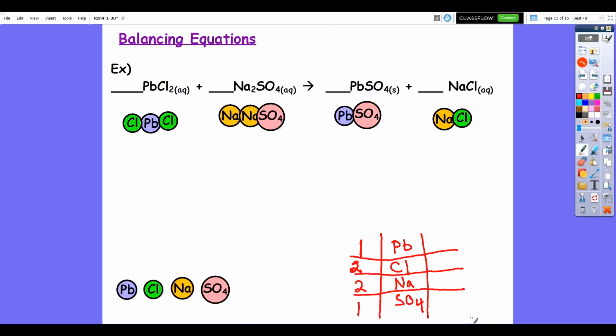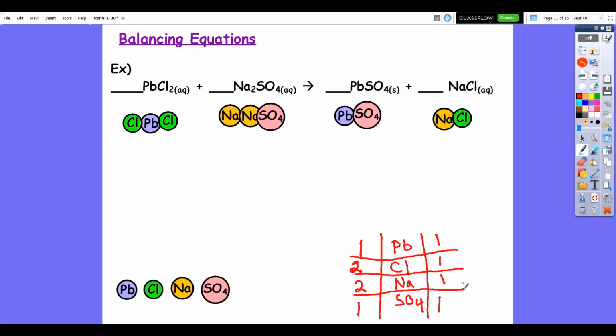Then on my other side, on my product side, I have 1 lead, 1 chlorine, 1 sodium, and 1 sulfate. So that was step 1. I have counted all of the atoms that I start and end with. So now I need to find one atom that needs to be balanced and change its coefficient.